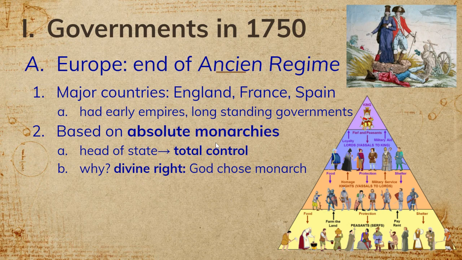Now, why do people believe in this? Why are people like, sure, King Charles, sure, King Philip, you should have total control? The reason is that this is a deeply religious society. They're very Christian, very Catholic, and they believe in this concept of divine right, that God has chosen this monarch. And of course, we don't go against God because God is the ultimate power.